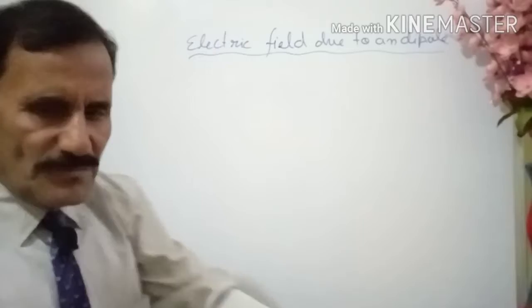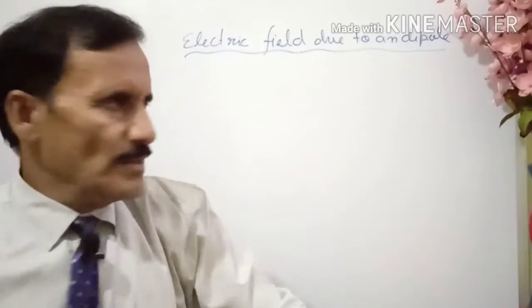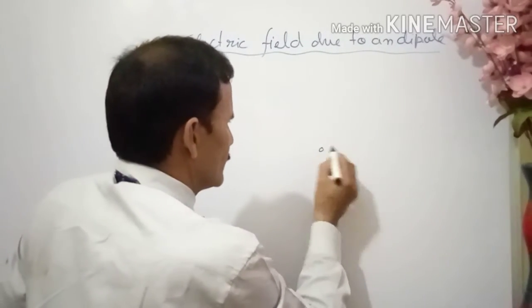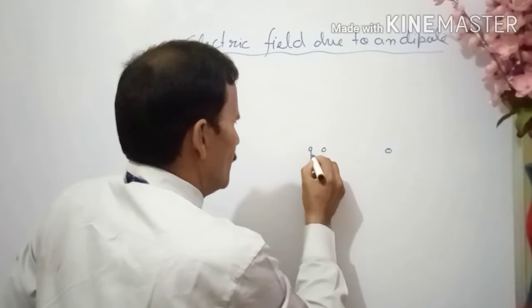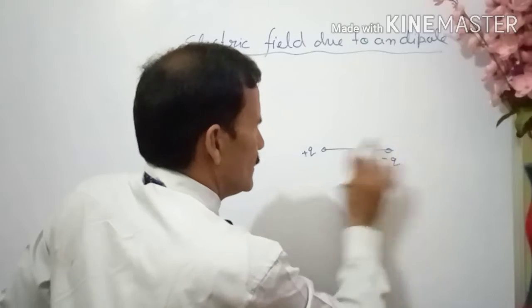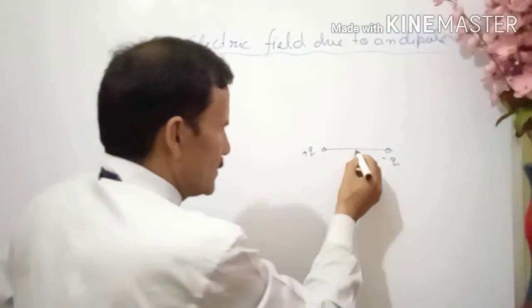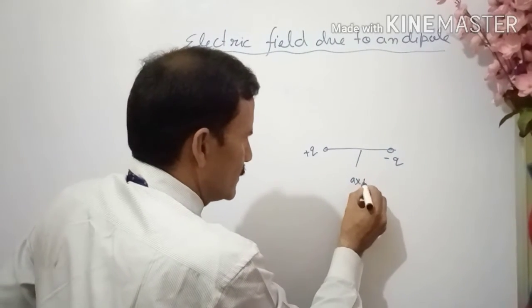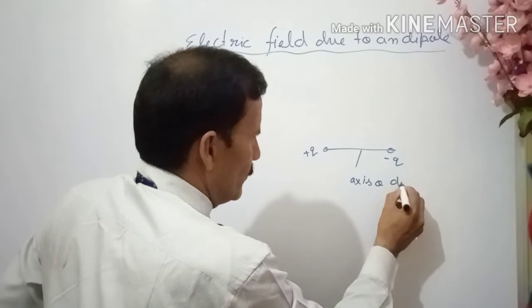So there we are having two points. When you are taking this, suppose this is a dipole, plus Q, minus Q, and this line is called the axis of dipole.